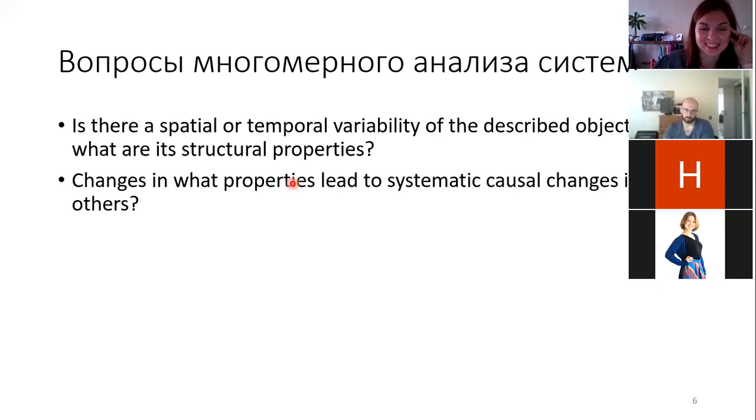Oh, sorry, Russian title. Changes in what properties lead to systematic causal changes in others?